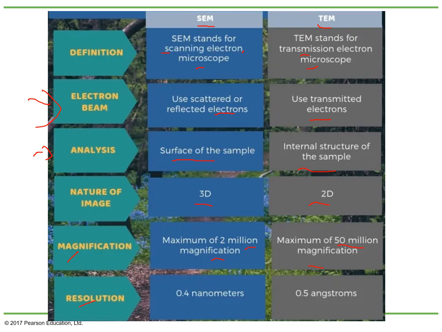As a result, the resolution of the SEM could be 0.4 nanometers, while the other one will be 0.5 angstrom. So very powerful microscopes, and they give you amazing pictures. However, different from the fluorescent scopes, you cannot have colors, the colors that we show you in the pictures.